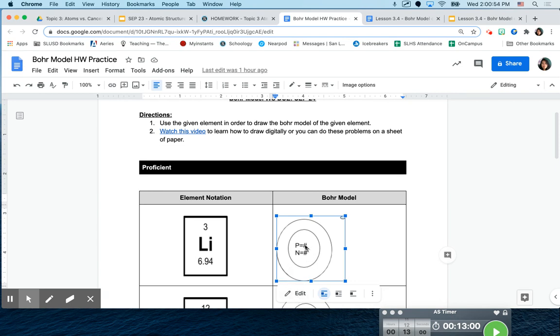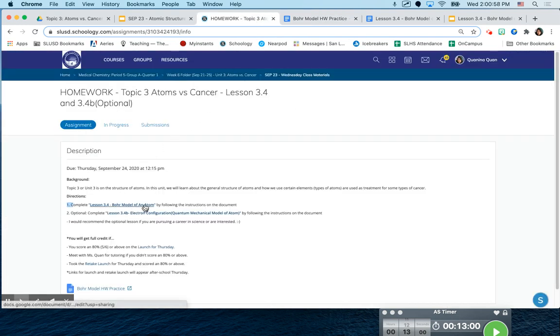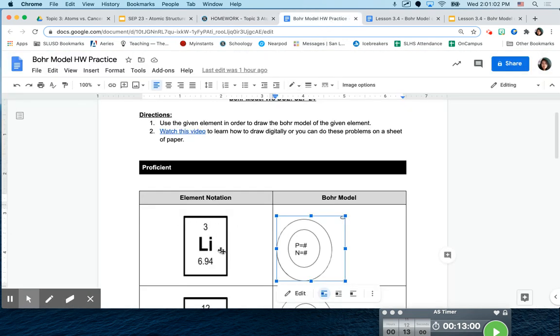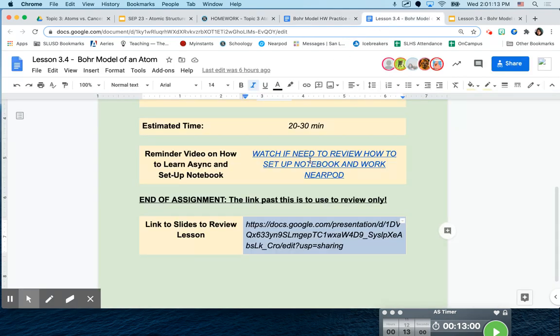So basically, just like the video lessons in Nearpod, how would you draw the Bohr model of an atom? How would you draw the Bohr model of lithium here on my left-hand side, right? So this is the second part of your homework. The first part of your homework is your Nearpod lesson.